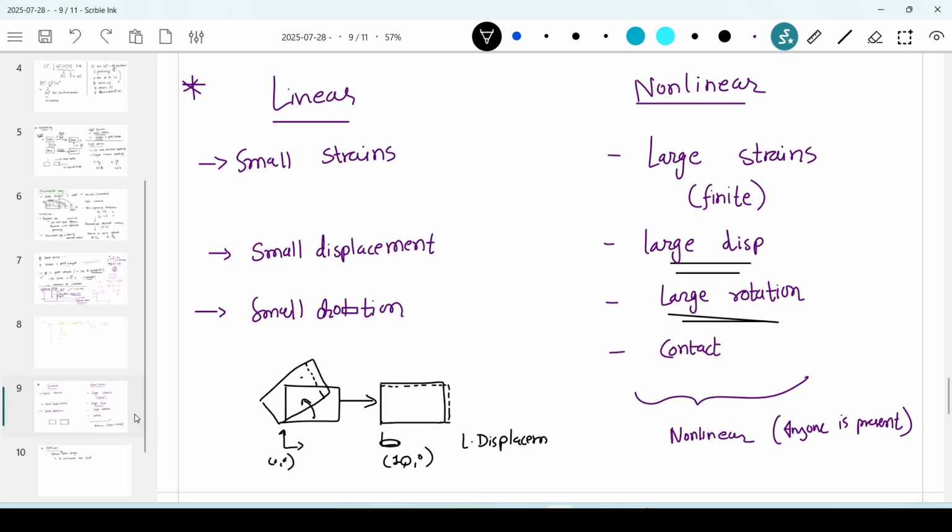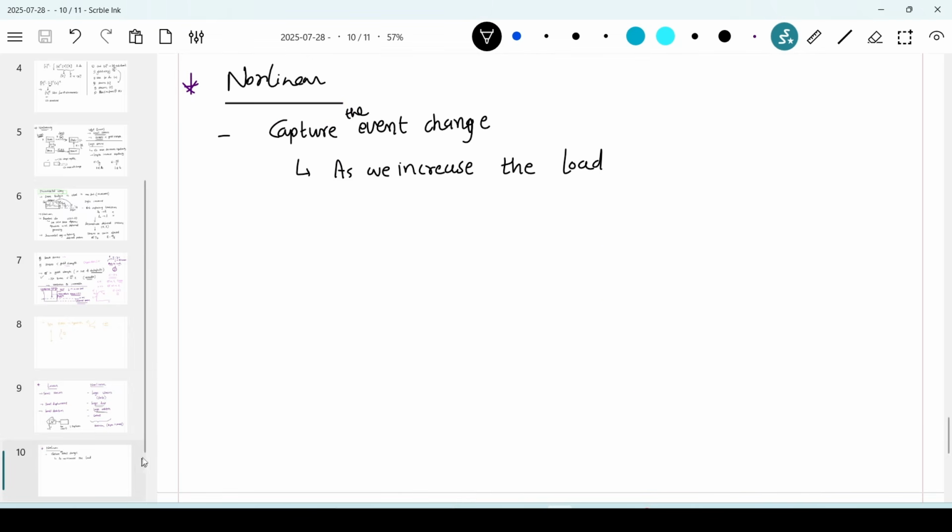So when we say we want to capture that change in events, that means not only large strain, but also large displacement and large rotation. So here all large strains, and large displacement and rotations.